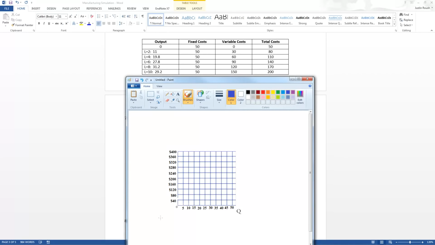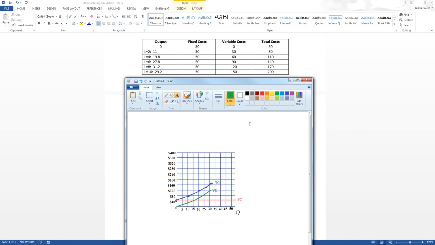Let's do blue. Put a dot in there, right? When I produced 11 units, it cost $80 to do it. So come here to 11 and go up to 80, right? So do that for all of your points here. So pause the video, take a break, and do that for all your points and plot these 3 curves.